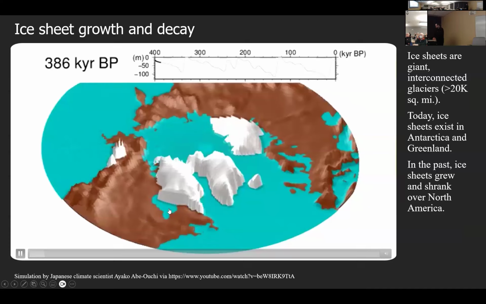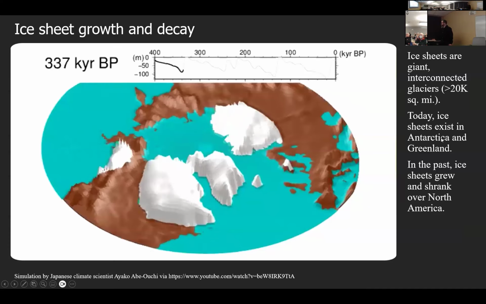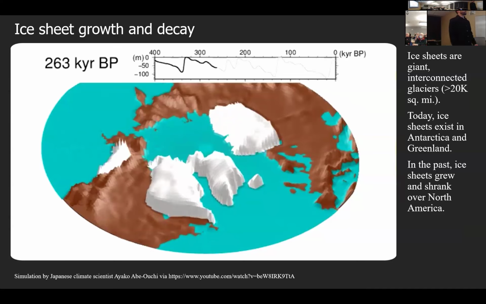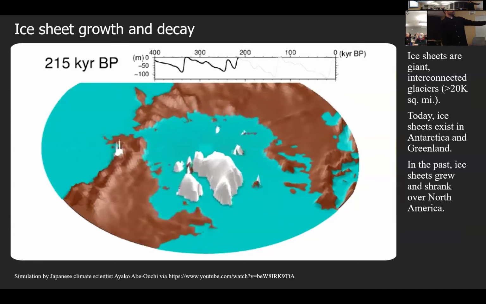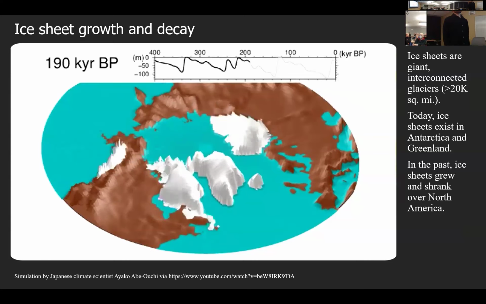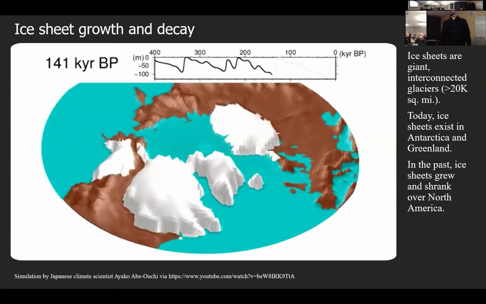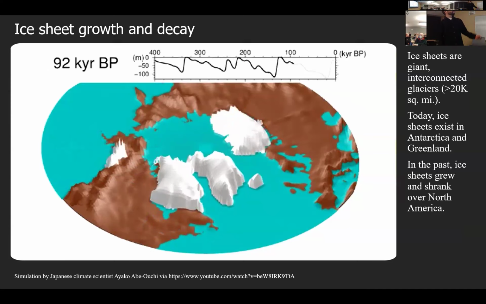And then when we scale up to the size of continents, we get ice sheets. And this is a vertically exaggerated depiction of how ice sheets over the northern hemisphere, can you recognize North America and Eurasia, how they built up and decayed over hundreds of thousands of years repeatedly.